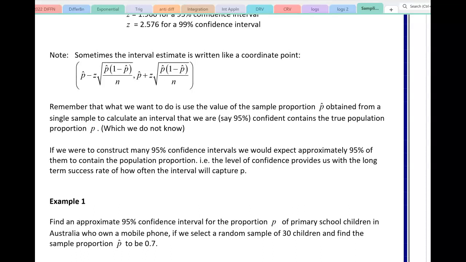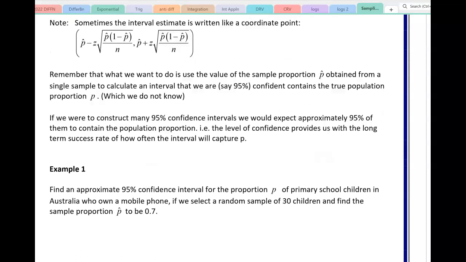But what's more important to say is that if we construct many intervals at that level of confidence, we would expect, in this case, if it's 95%, we would expect 95% of them to capture the population proportion. So that's the best interpretation of the confidence interval. It is not a probability. That is important to make that distinction.